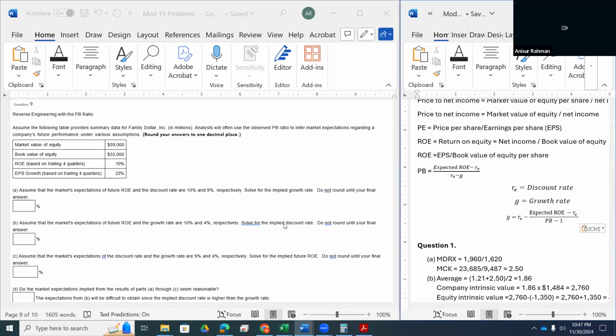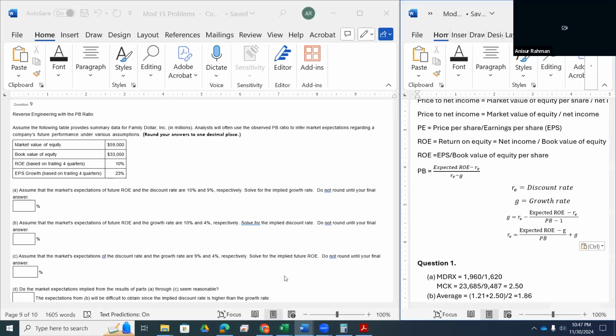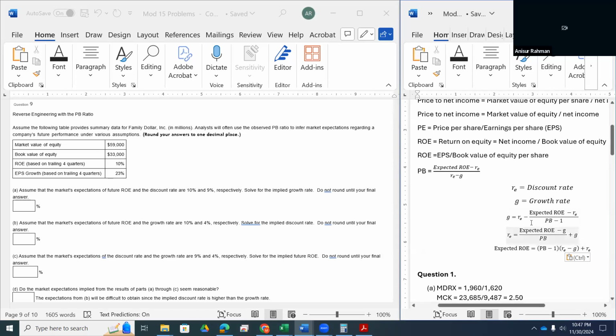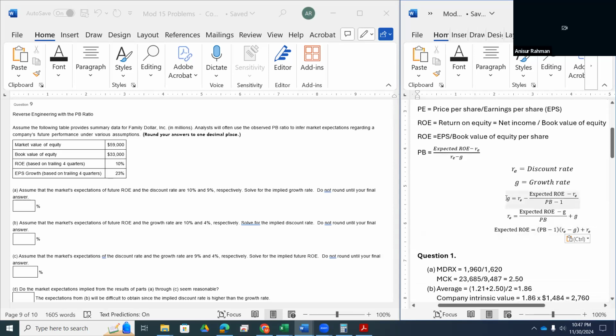In our next question, we have to find the discount rate, which will be this, and then your expected ROE will be this. You can write this down in your formula sheet too. Let us first use this formula to answer A, where we have to find the implied growth rate, G.